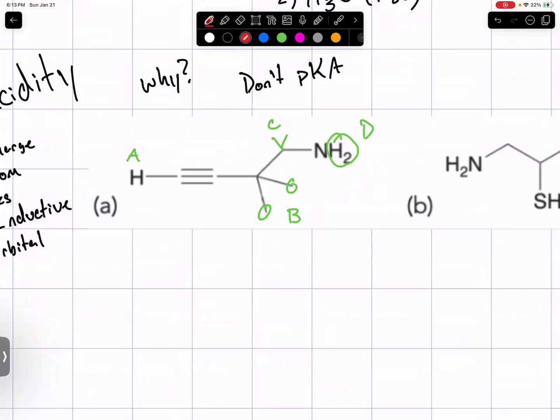Okay, how about B? Why is B not the right answer? Anybody? Anybody at all?